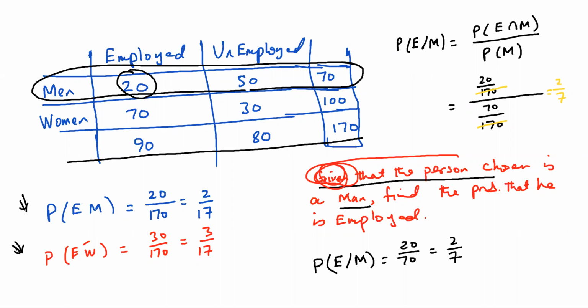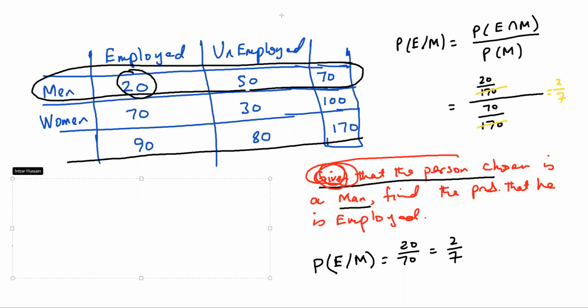Okay, now let me ask you a question here. Now the question is that you have to find the probability. Let me just make some space here. I should write the question here.